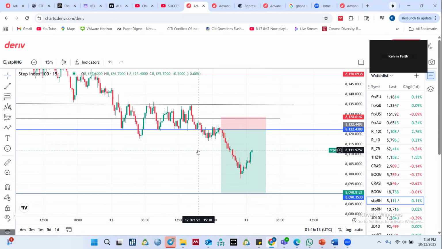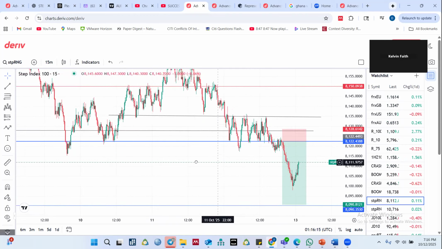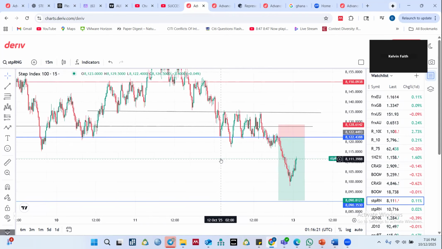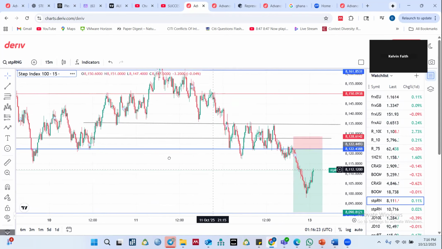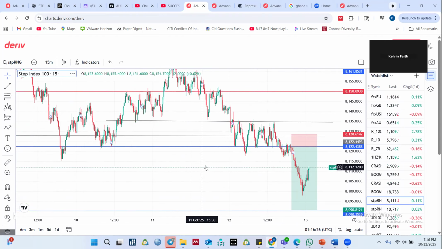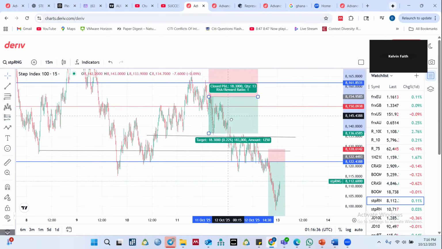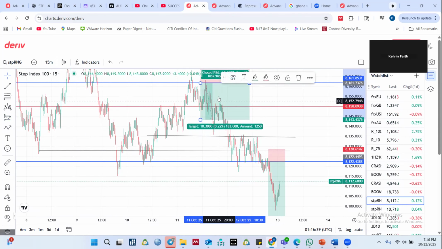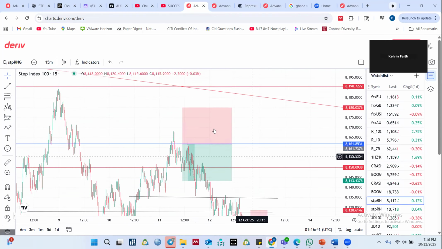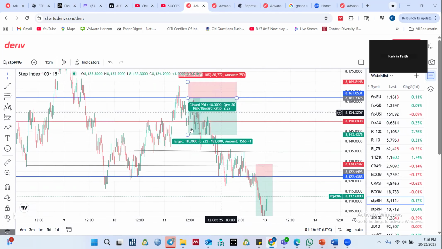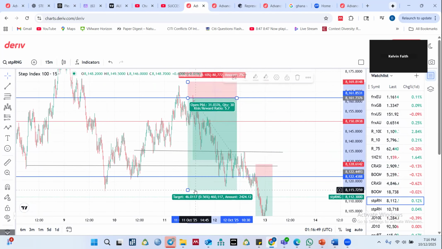There is an earlier analysis that I did and a trade that we took, myself and my friends, from Step Index. The video is on the channel. You can watch it. We took the entry from up here, this blue line. The sell was framed from here, and the stop loss was just a little here, and it has been selling since yesterday.